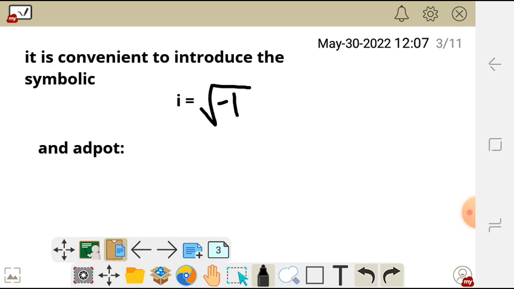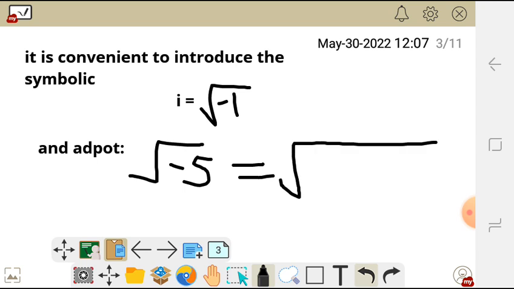So if we have, let's say, the square root of -5, this can be written as the square root of +5 multiplied by -1, which is the square root of +5 multiplied by the square root of -1.